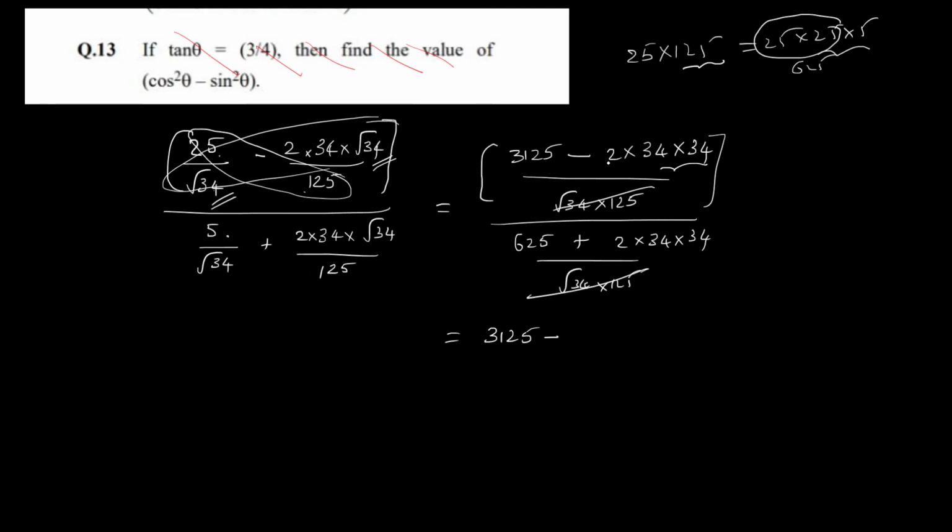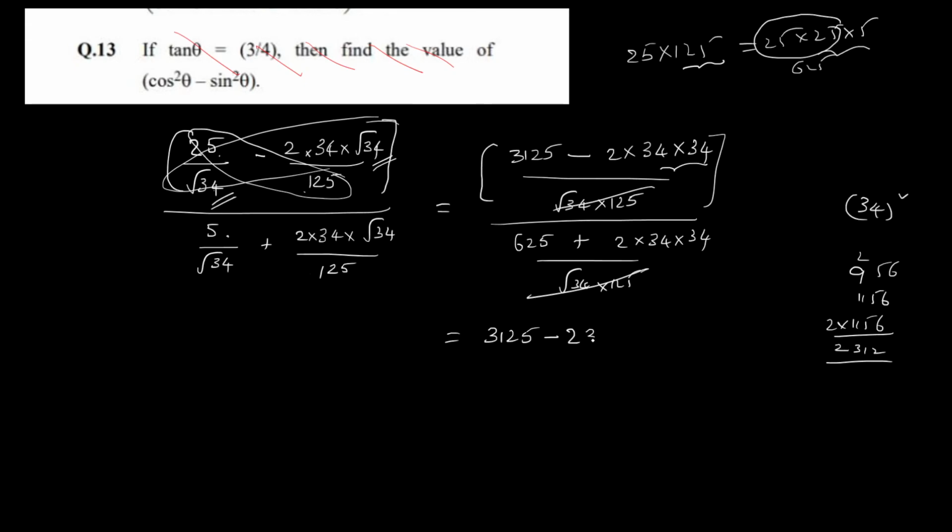And 34 square, if you solve it by using a shortcut, 34 is 16 less than 50, so I have to subtract 16 from 25, it will be 9, and 16 square is 256, so the answer is 1156. And if I multiply with 2, I'll get 2312.